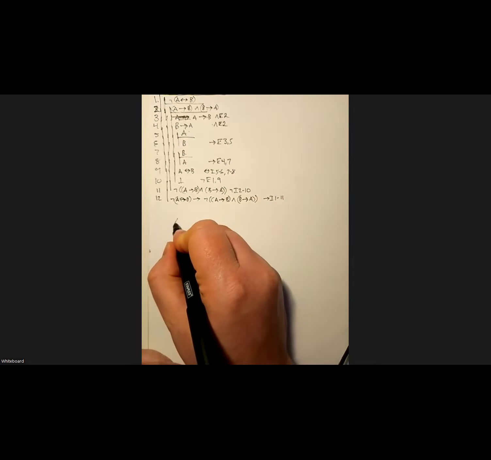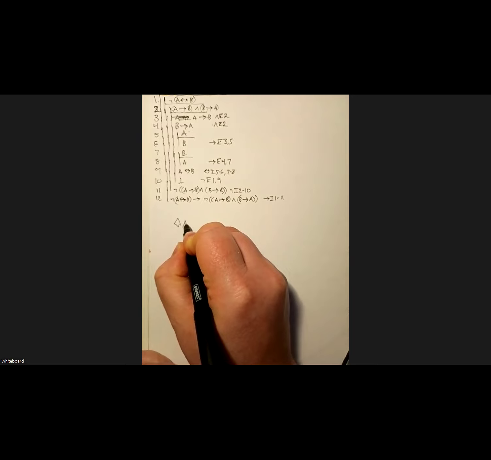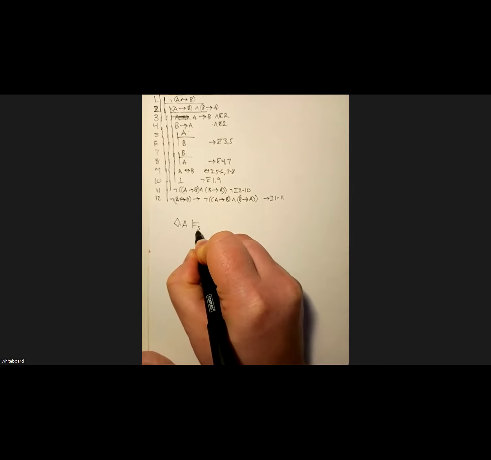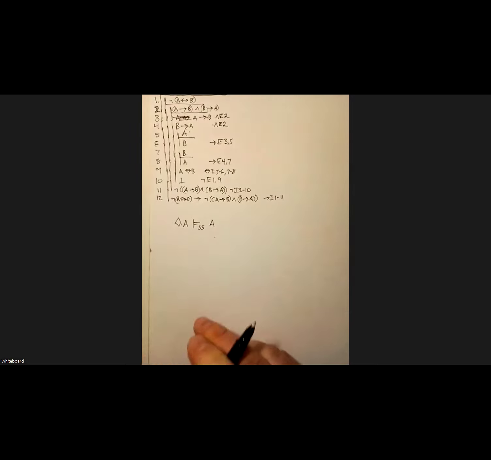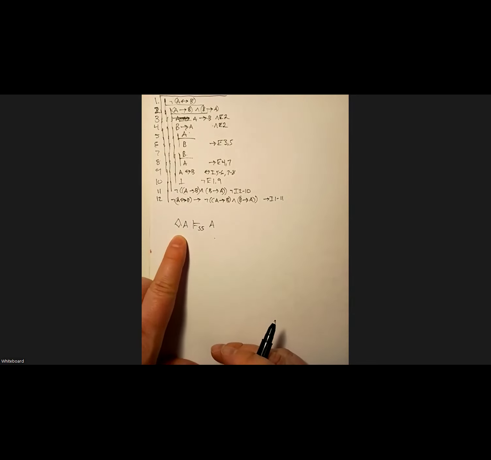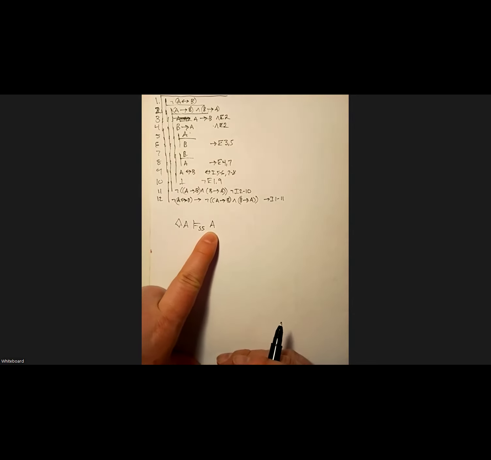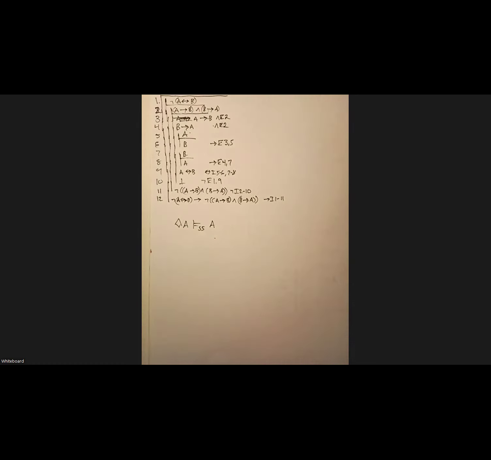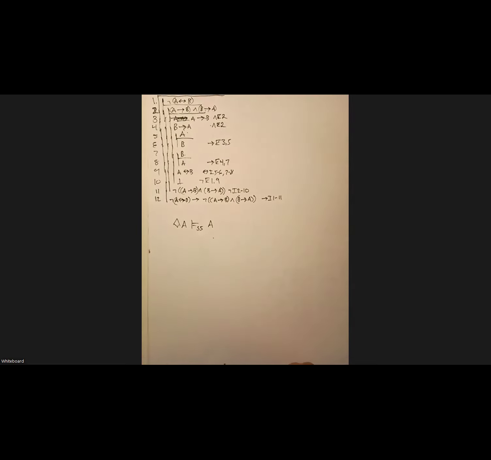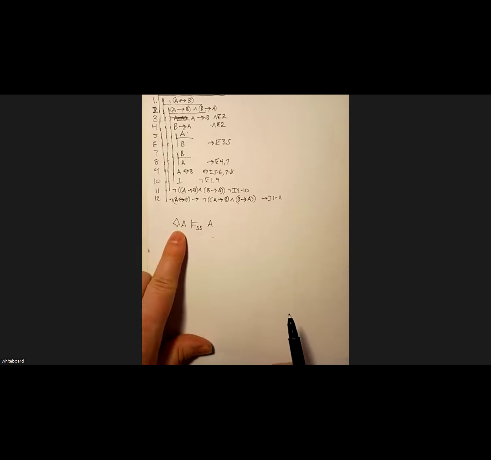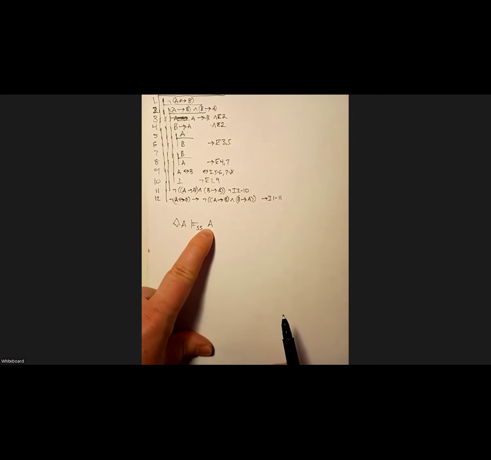So we have our first one, where we have that diamond A entails A in S5. To show that this is false, we need a model that makes the left-hand side of this double turnstile true but the right-hand side false. That is, a model with a world where diamond A is true at the world, but A is false.